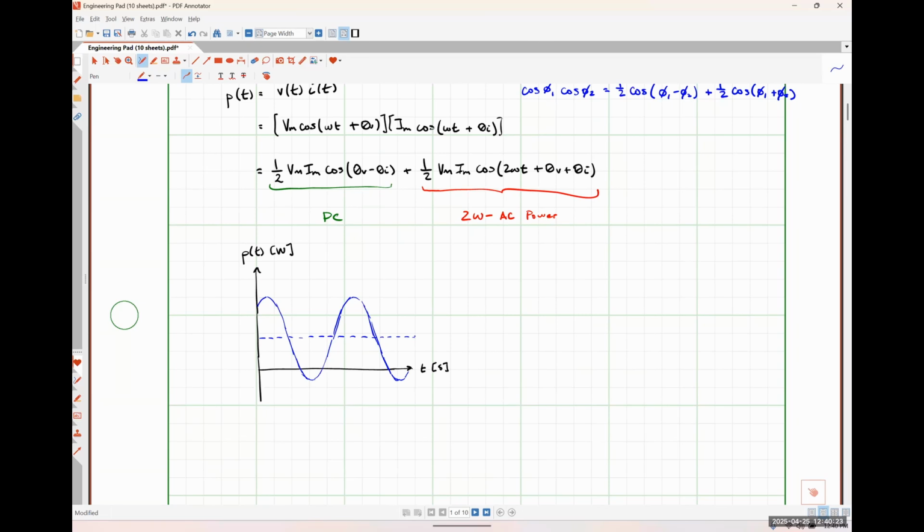So since exactly half of the time our instantaneous power is above that dashed line representing the DC portion, and exactly half of the time it is below that dashed line, that DC portion is really just simply our average power for our system.